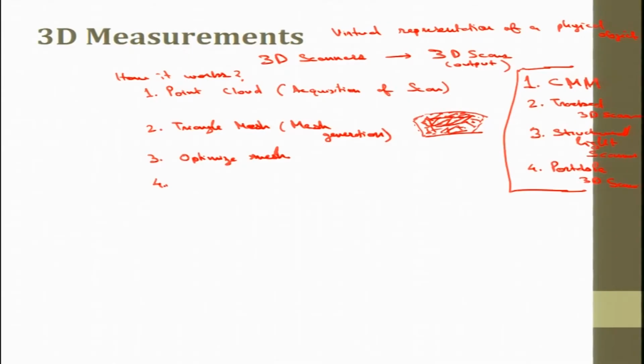Then the fourth point could be the output of the mesh. Images and scans are brought into a common reference system where data is merged into a complete model.